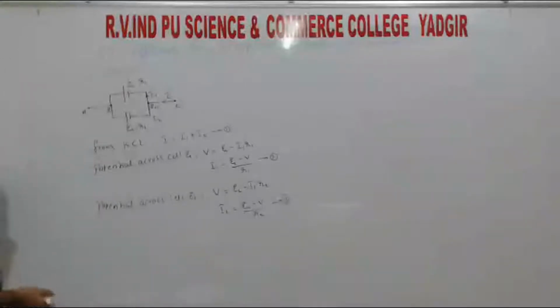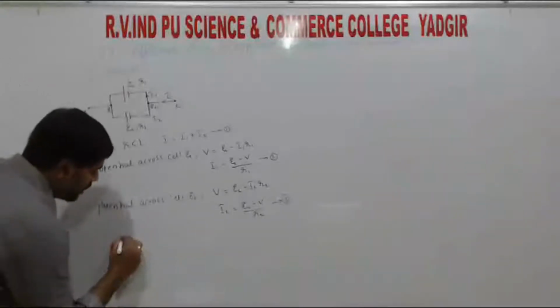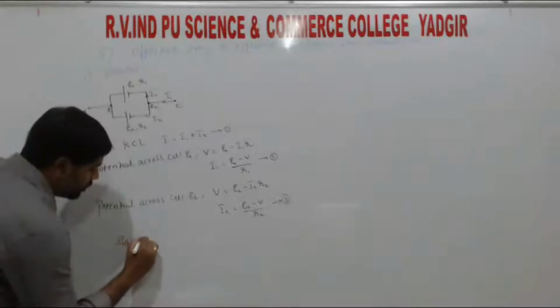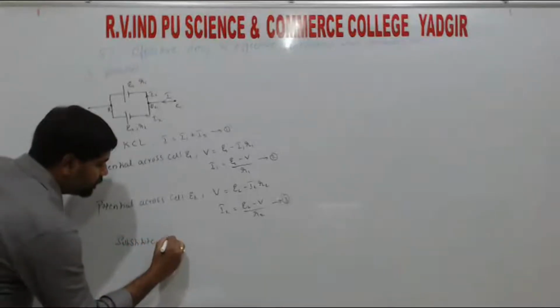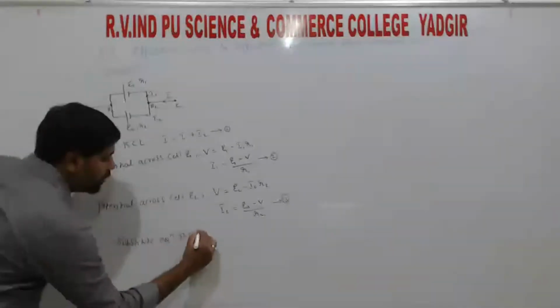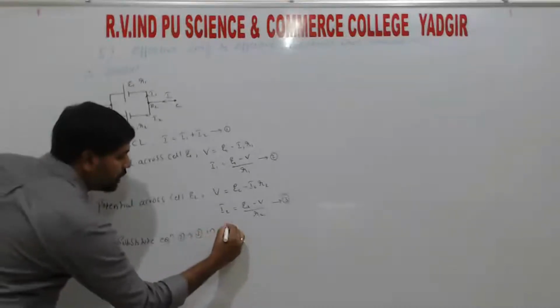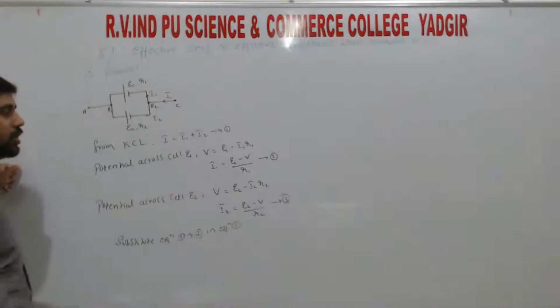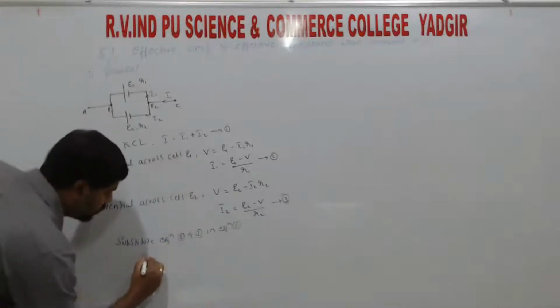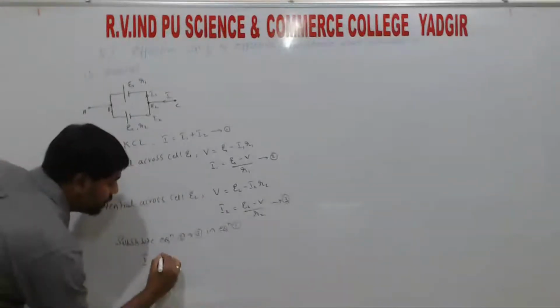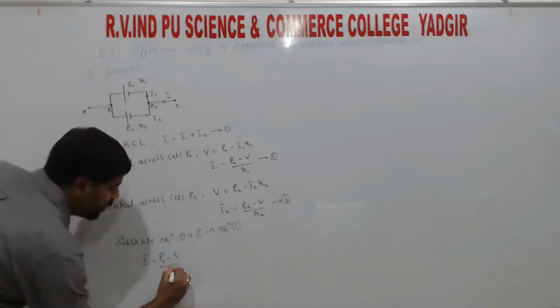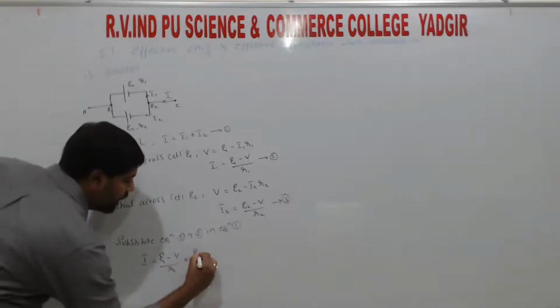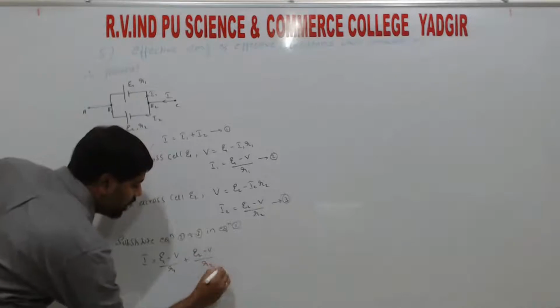Substitute equations 2 and 3 in equation 1, right? So I is equal to I1 plus I2, that is E1 minus V divided by R1 plus E2 minus V divided by R2.